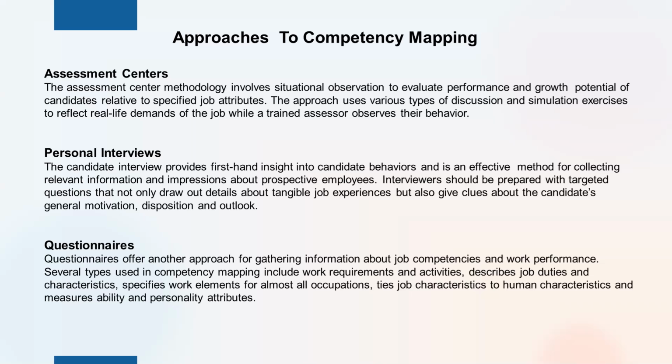This interview not only gives clarity on the details required to perform a job, but also complete clarity on the candidate's motivational level, outlook, and understanding of the job role. The other approach can be through a questionnaire.